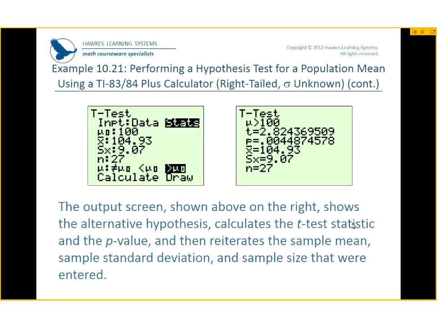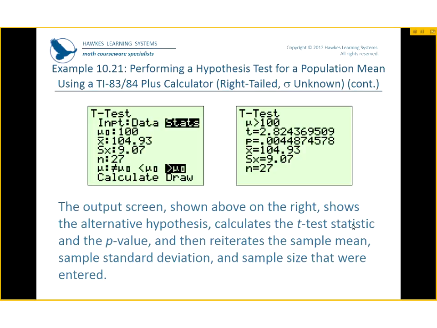Then we're going to pick which alternative we want. Remember, this has to be our alternative, so greater than is going to be our choice. Go over to that, click on it, and then hit enter. And then you're going to hit calculate.